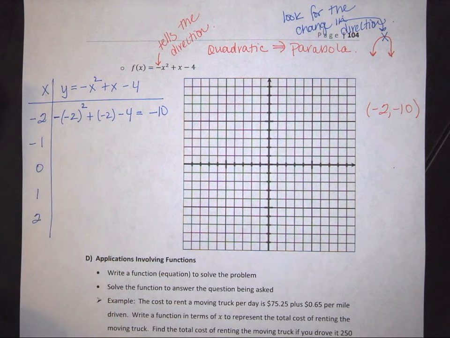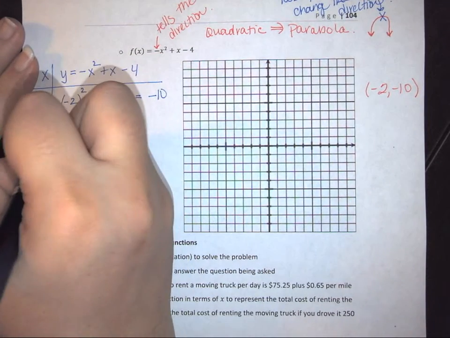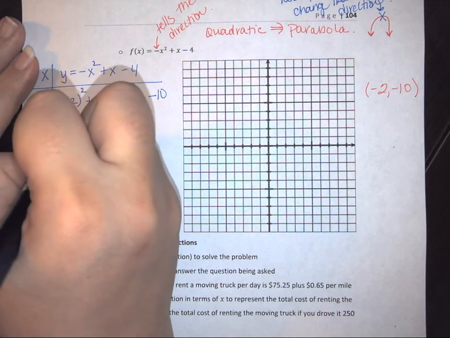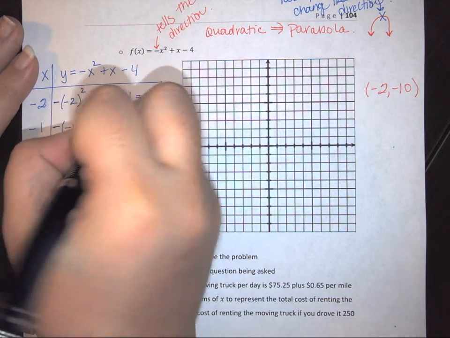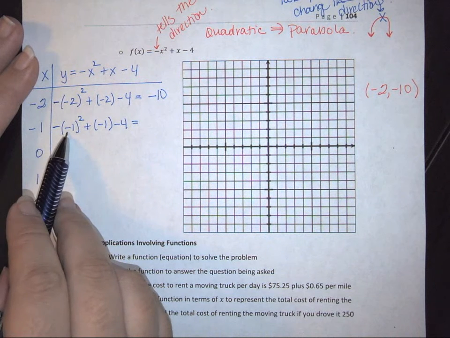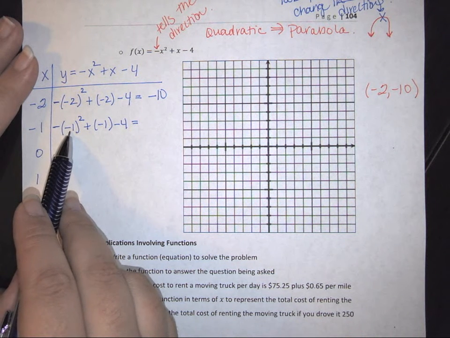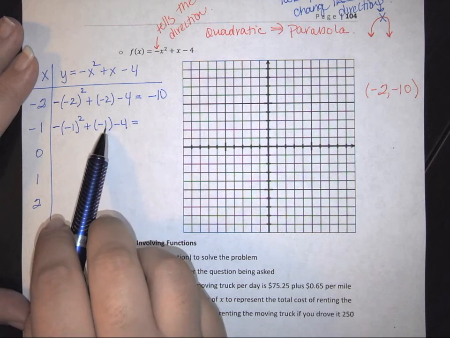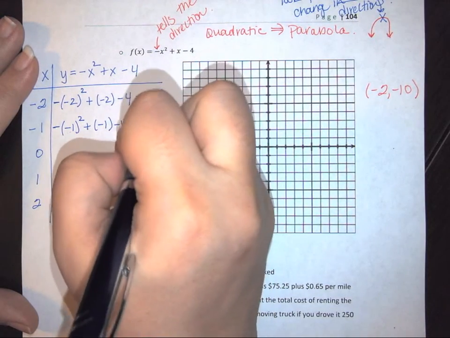Okay. Now I need to plug in my -1. So again, this is going to be negative of my -1 squared plus a -1 minus 4. So -1 squared is 1. Apply your negative is a -1. And then I have -1 minus 4, which is going to give you -6.